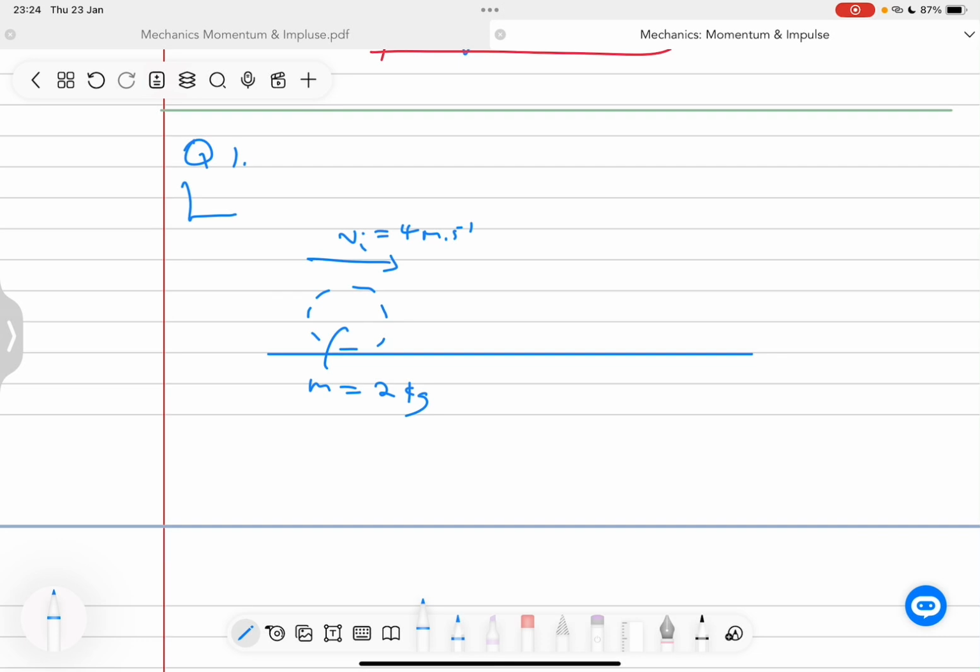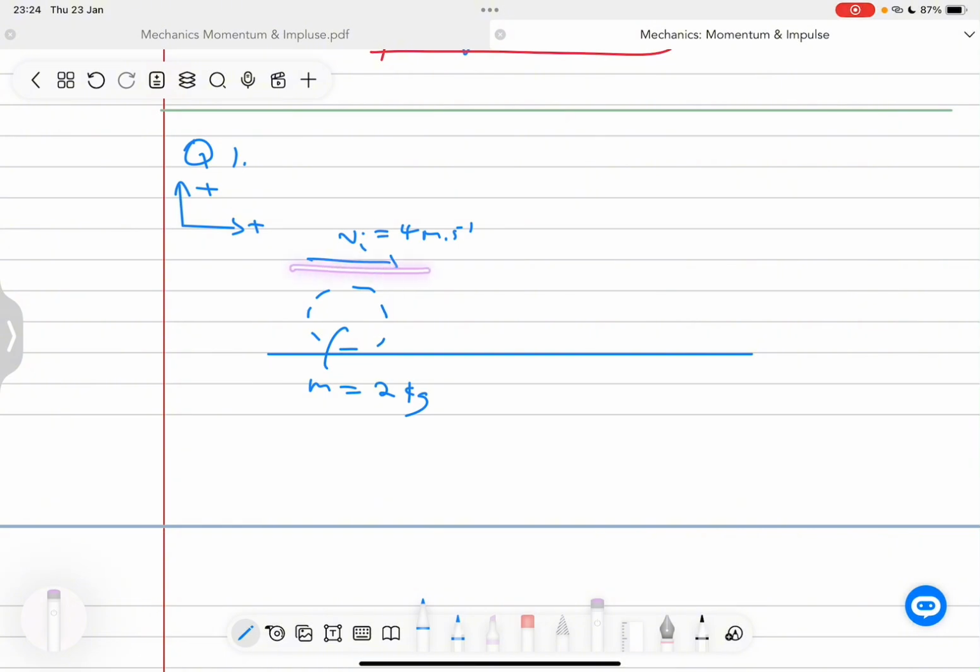That actually reminds me to choose my direction, to say anything that goes to the right is positive and anything that goes up is positive. This implies that if anything were to go in this direction, it will be negative to the left.